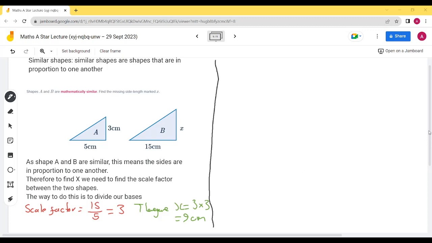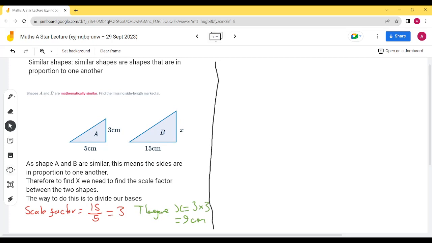Okay. One more thing we're going to touch on here is congruent shapes. So congruent is another term you might come across, which sounds a lot more fancy than it is.